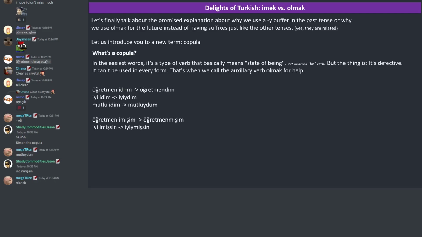This is why there are also two ways in the past tense. Like öğretmendim, there's also öğretmen oldum. Or iyiydim, iyi oldum. I want to write this down so it can stay here.